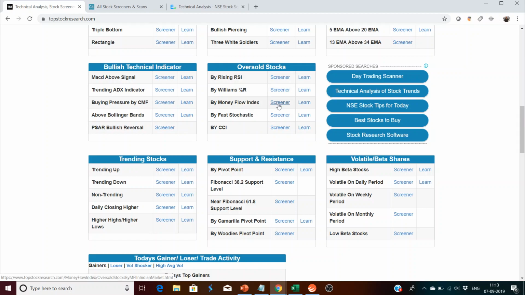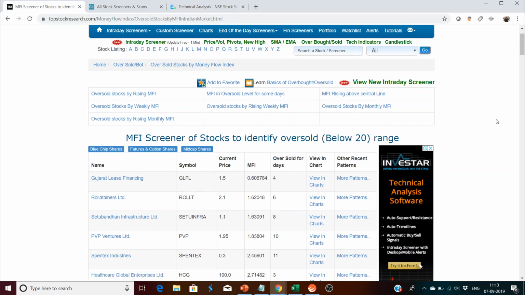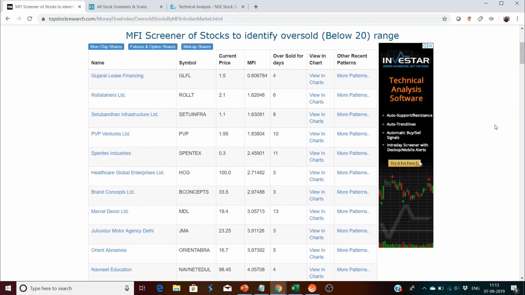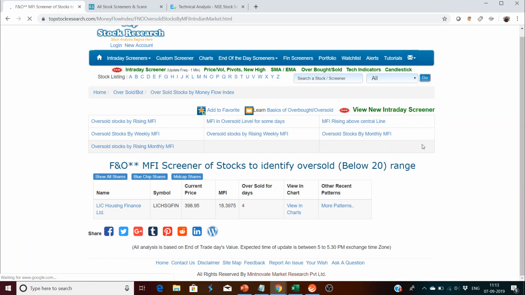Money flow index is a great tool because it combines both the cash flow as well as volume, which is price action plus volume plus the money which is flowing. This is a good indicator which you can look at for blue chip shares, futures and options shares, mid cap, and see which are satisfying.